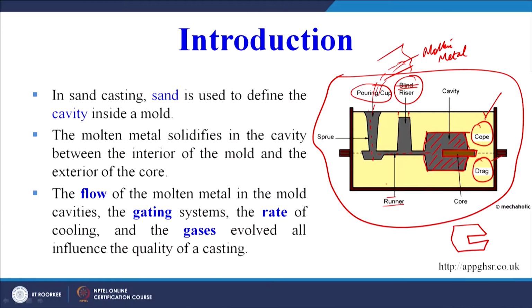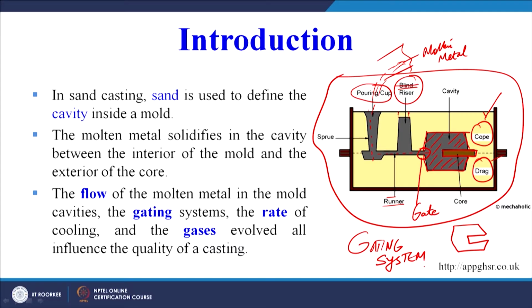You melt the metal in a furnace, you bring the metal to the mold box, which is made up of cope and drag. There is a mold cavity inside, and there is a gate through which the metal enters into the mold cavity. All this system, pouring cup, sprue well, runner, gate, riser, is called the gating system.